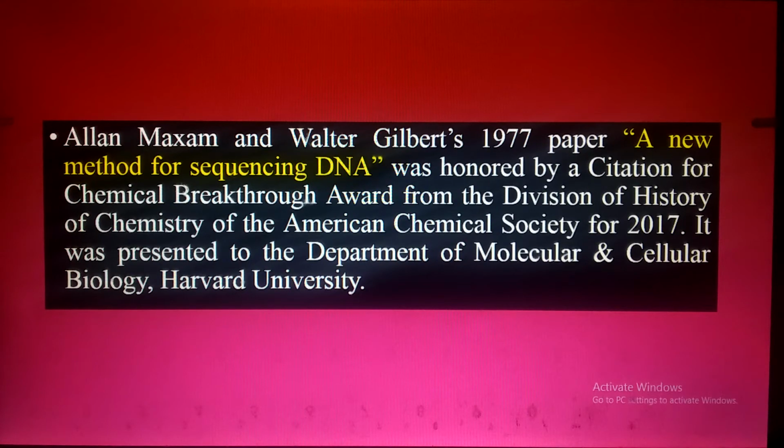Alan Maxam and Walter Gilbert published a paper in 1977, A New Method for Sequencing DNA, which was honored by a citation for the Chemical Breakthrough Award from the Division of the History of Chemistry of the American Chemical Society in 2017. It was presented to the Department of Molecular and Cellular Biology, Howard University. Is it clear? Okay.